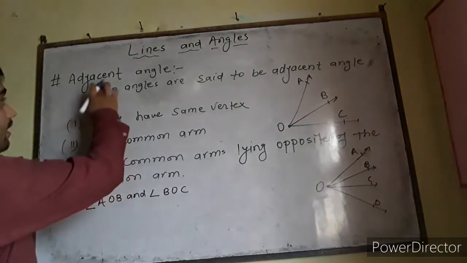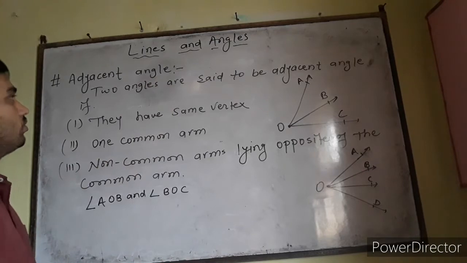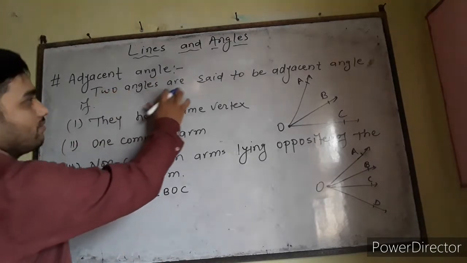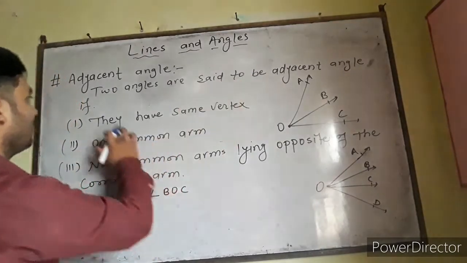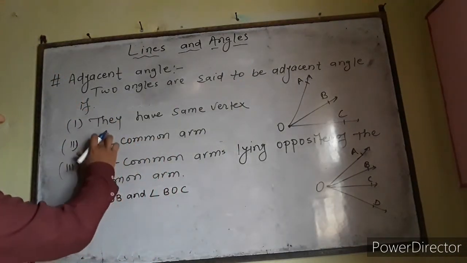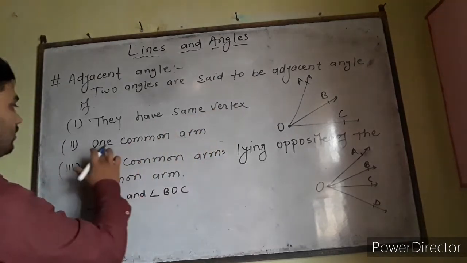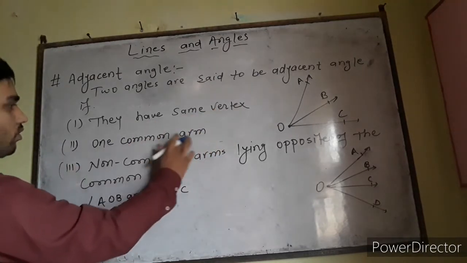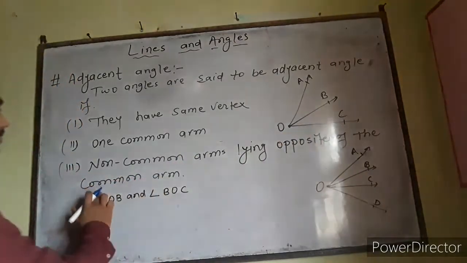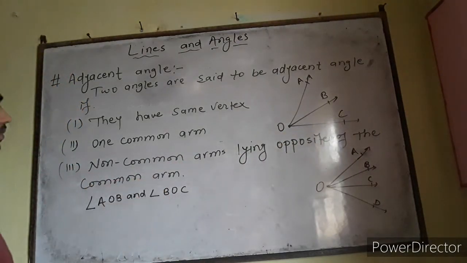And the next is adjacent angles. When will we call angles adjacent? Two angles are said to be adjacent angles if, see, there are three conditions. First, they have the same vertex. Second, they have one common arm. Third, the non-common arms lie opposite of the common arm.